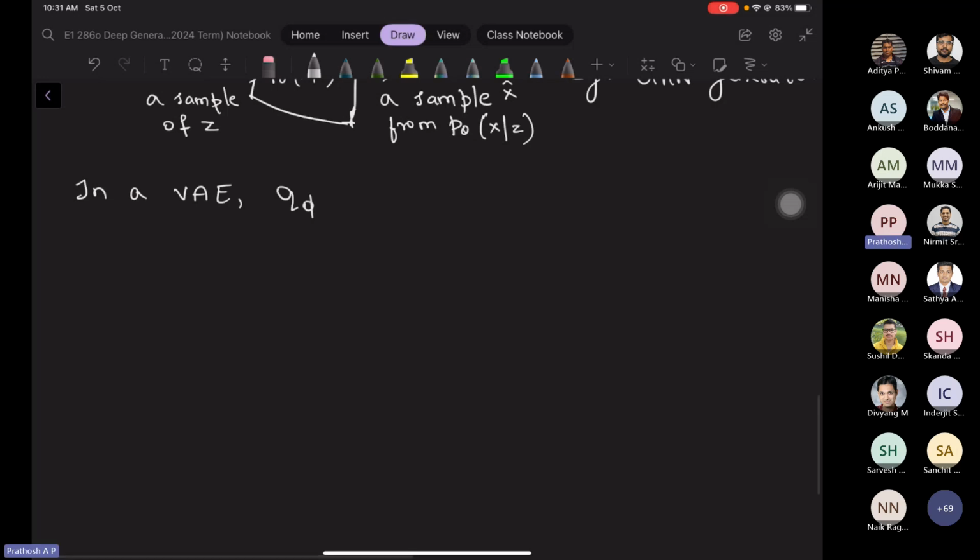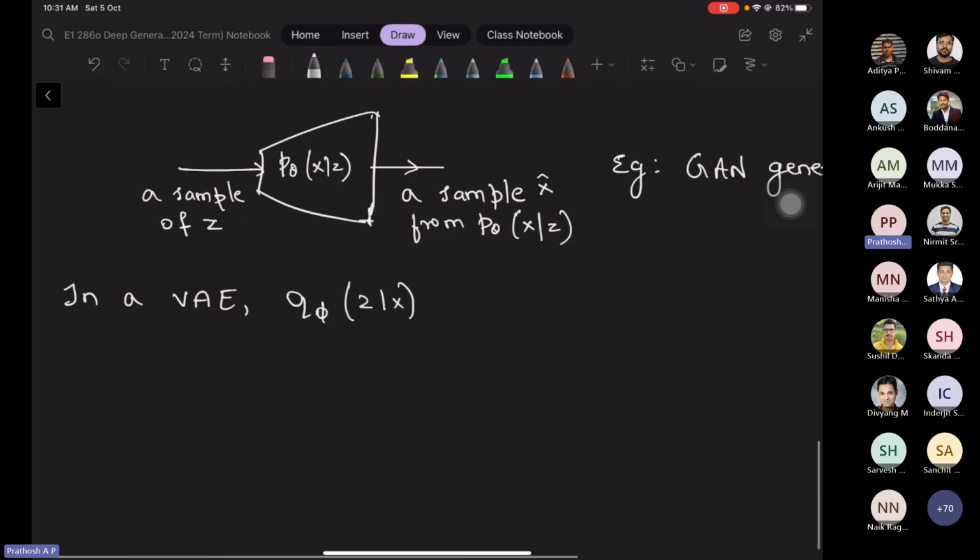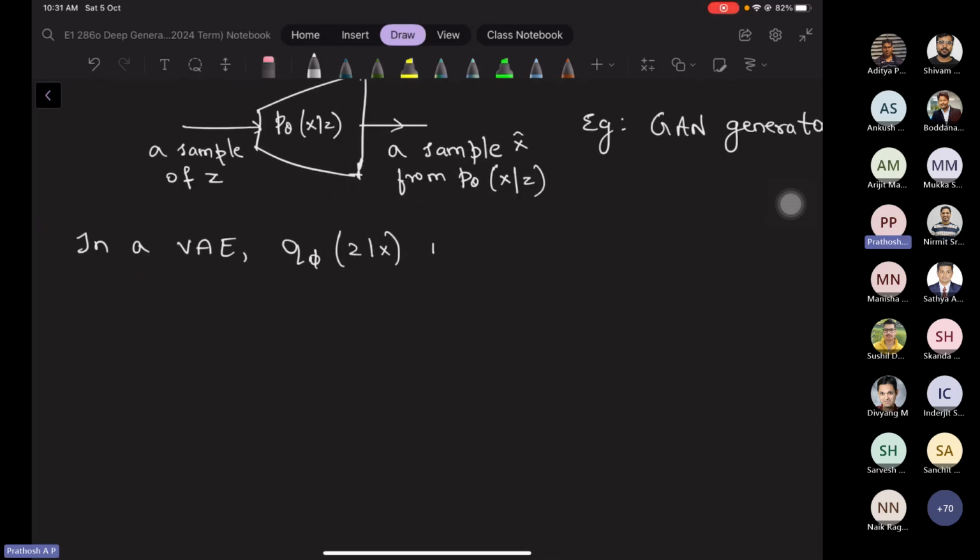The distribution Q phi of z given x is modeled probabilistically. There are multiple instantiations of it.